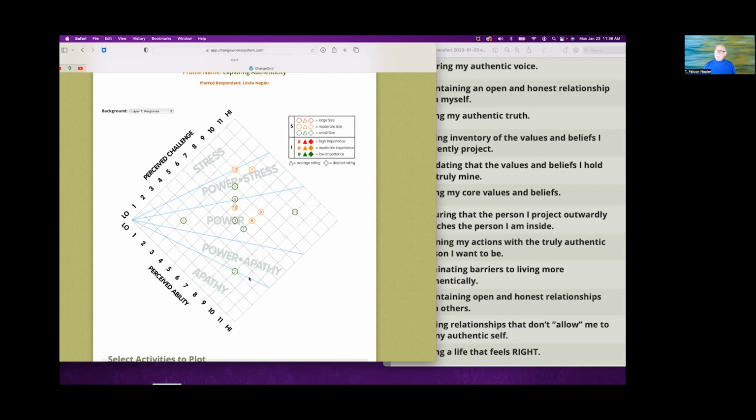So power apathy and apathy are places where our greatest successes, our greatest skills, our greatest improvements, advancements, all that kind of stuff will ultimately move us on the ChangeGrid. As our perceived ability increases about a given activity, it is not at all unusual for the perceived challenge of that activity to come down unless something changes about the activity to keep the challenge high.